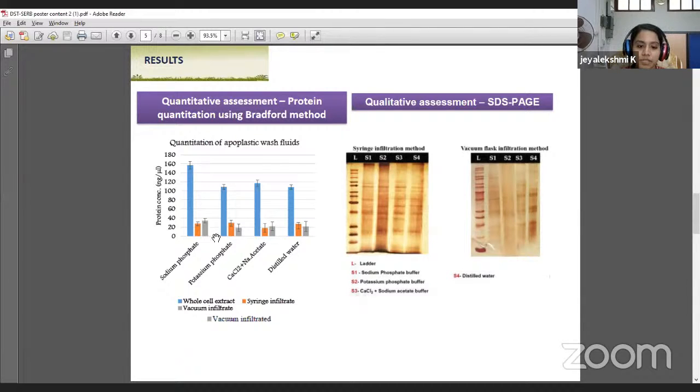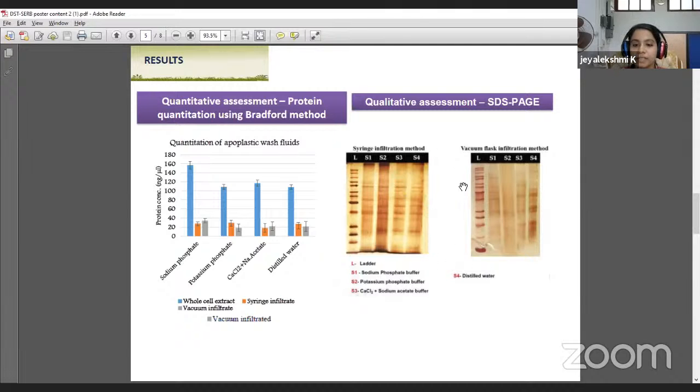Comparing syringe infiltrate and vacuum infiltrate, the protein concentration is almost the same. We then did a qualitative assessment of the extracted proteins: after acetone precipitation, we ran SDS-PAGE.